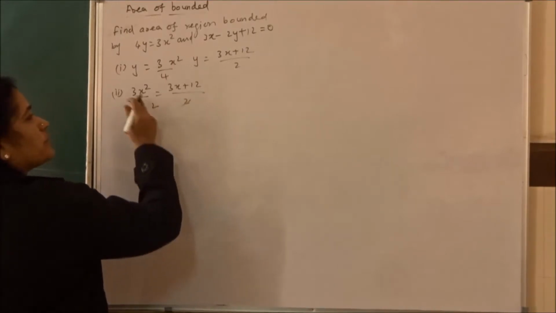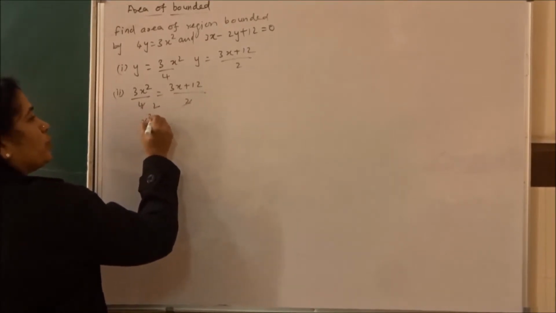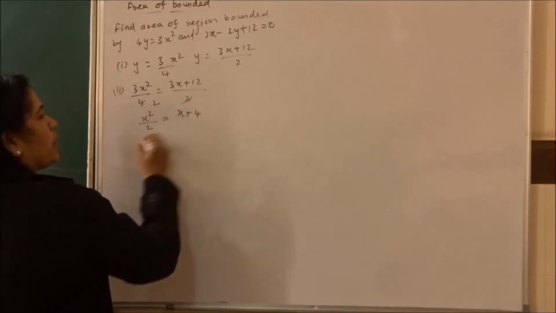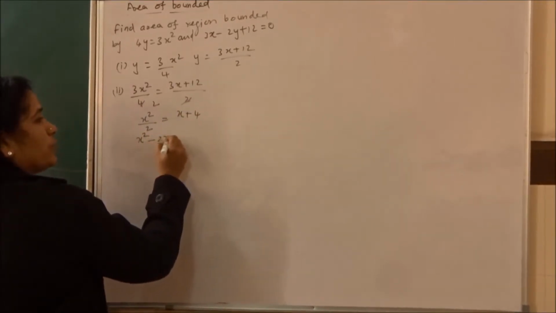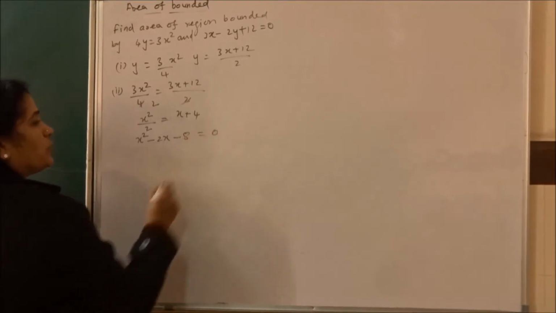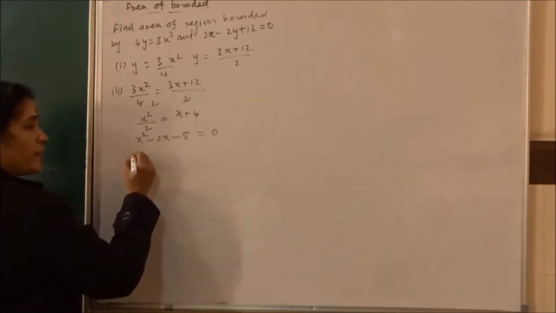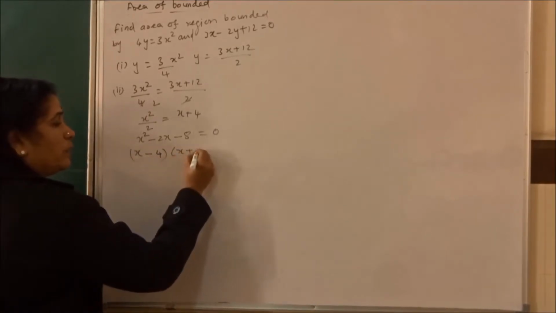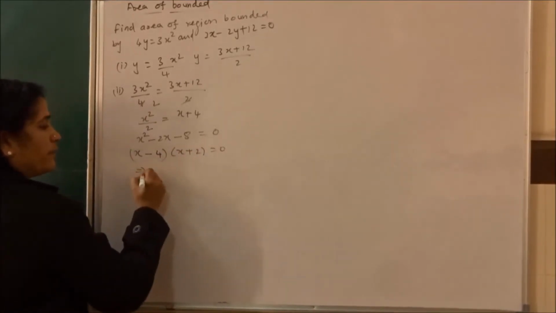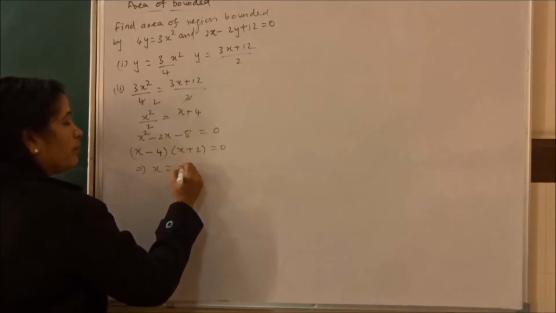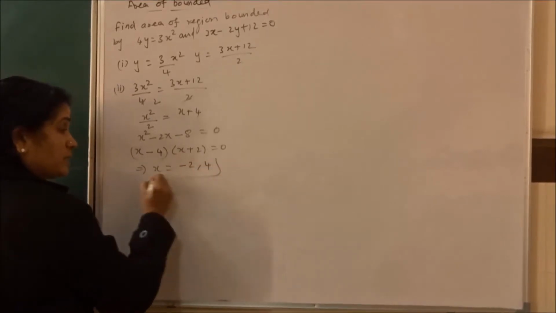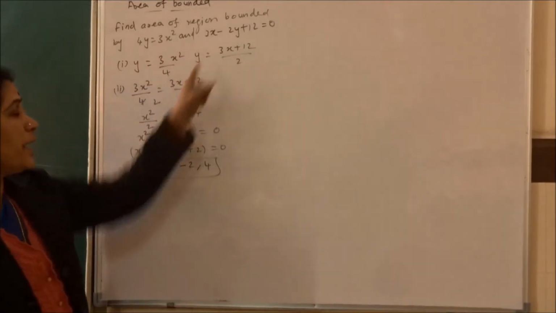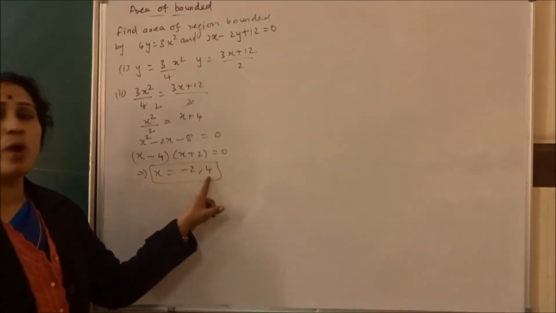Dividing by 3, x square by 2 equals x plus 4, or x square minus 2x minus 8 equal to 0. Very carefully factorize: (x minus 4)(x plus 2) equal to 0. This implies x is minus 2, 4. This is the point of intersection; the parabola and line intersect at minus 2 and 4.